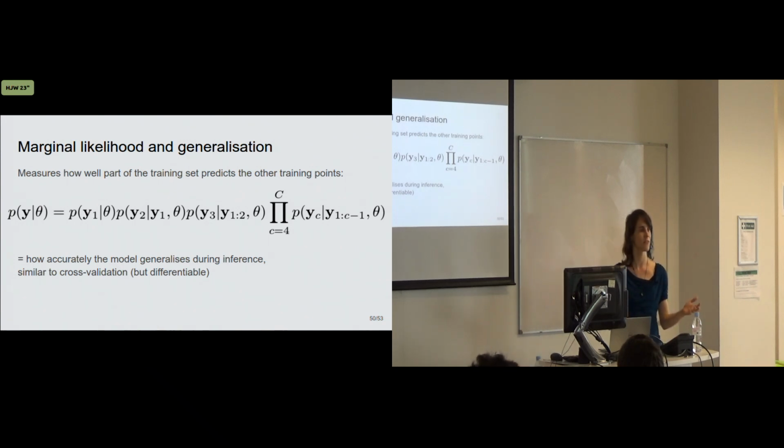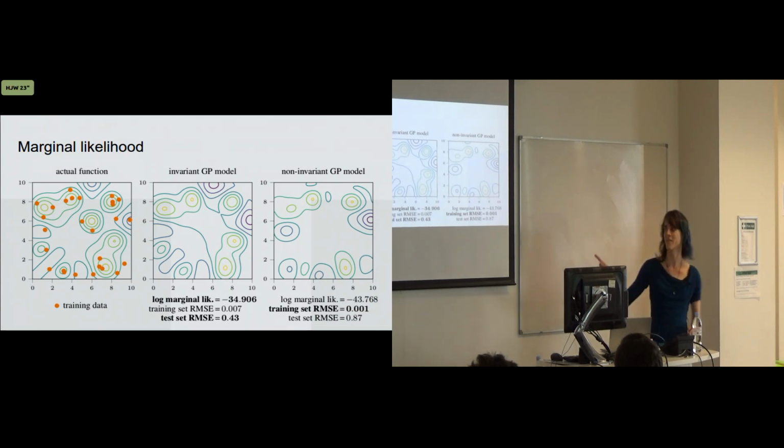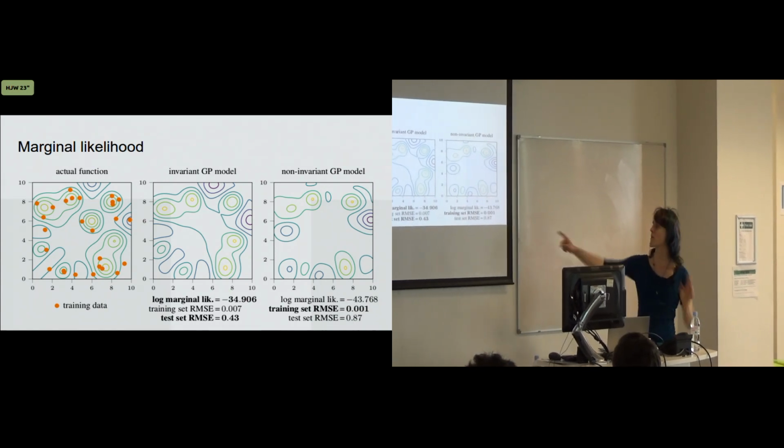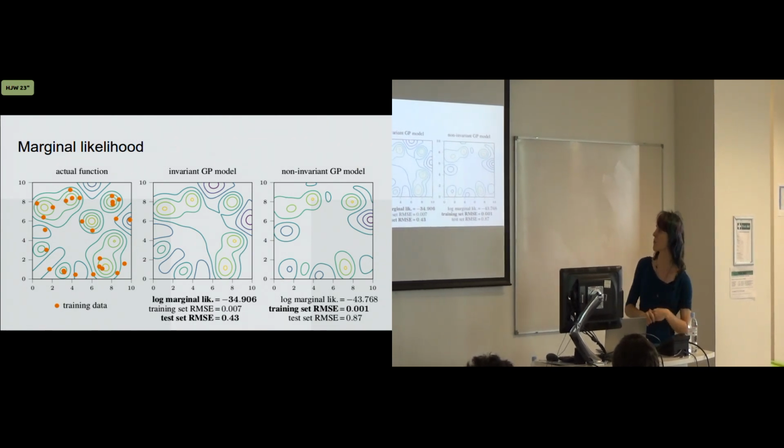So this tells you how accurately the model generalizes during inference, and you can think of it as similar to leave-one-out cross-validation, except this construction is differentiable, which is going to be crucial for Mark's talk. As a final point, this is the same toy example you saw before, and now I've added both the log marginal likelihood and the training and test set root mean squared error.